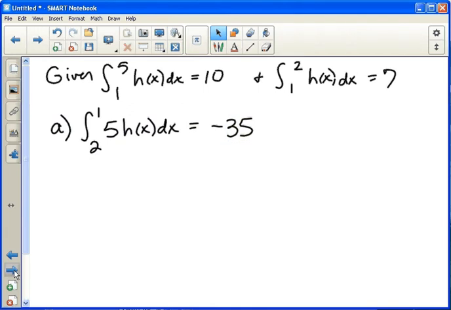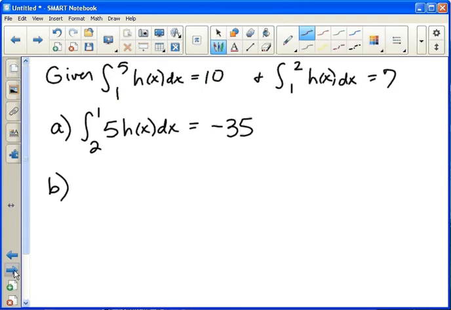Okay, now let's say we do the integral from 2 to 5 of h of x. Well, if you look, neither of our givens have the boundaries 2 to 5. But if you look carefully and think about the number line, here's what we have.